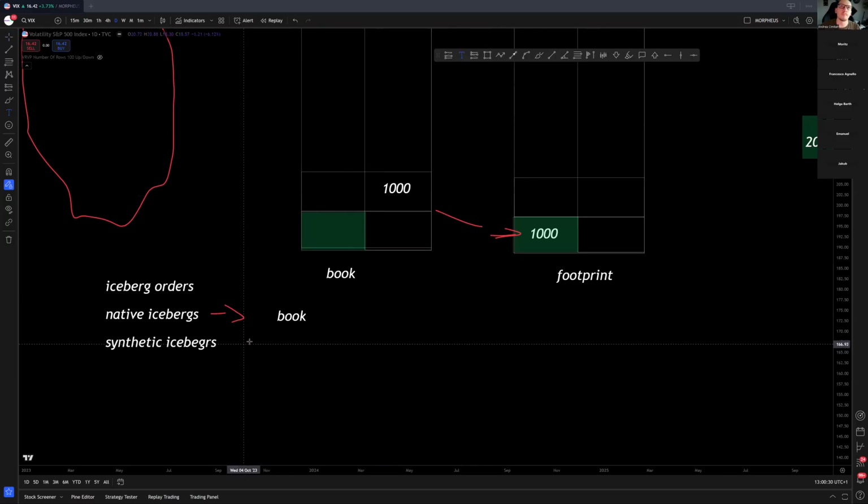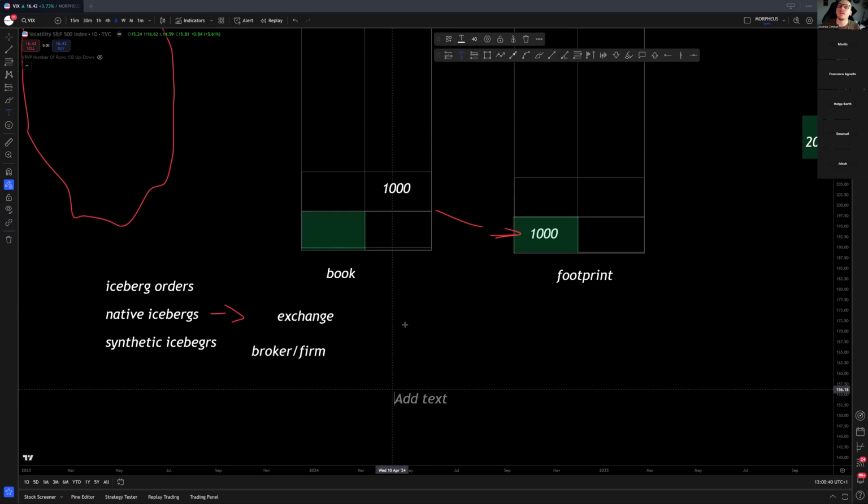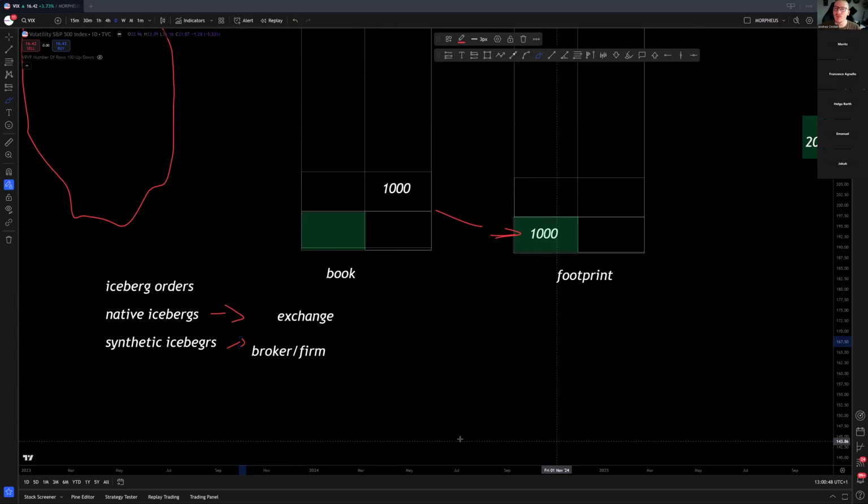And then the synthetic icebergs are created automatically by the broker or the firm, and they basically recreate it. And there are some advantages and disadvantages, which is very useful to know if you're trading icebergs.